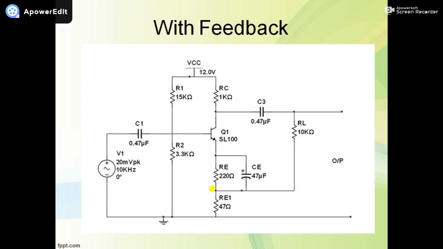We can increase the value of input impedance and decrease the value of output impedance. So totally we are managing all the parameters of the voltage amplifier as per our convenience and requirement by the feedback technique.